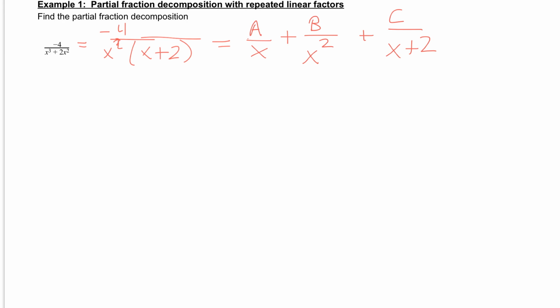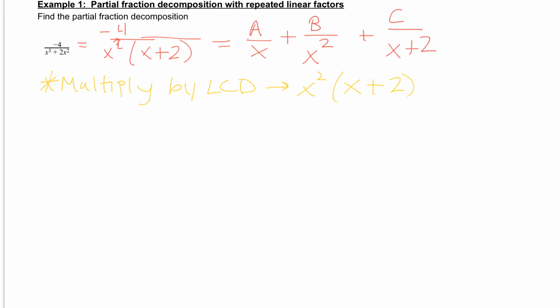Our next step then is to multiply by the least common denominator. And our least common denominator right now is x squared times x plus 2.